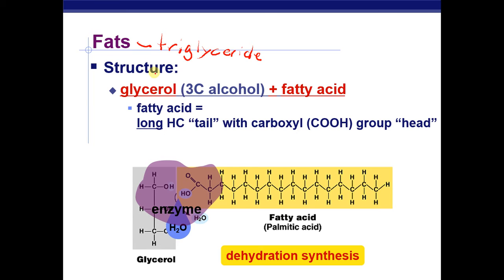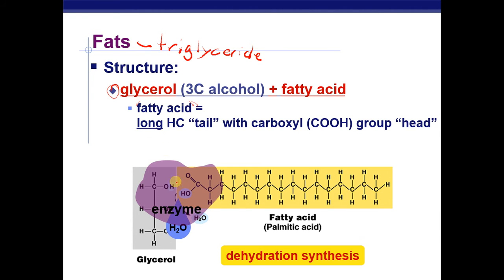All right. The structure of a triglyceride, or of a fat, is it has one glycerol molecule, which is a 3-carbon alcohol. That's what this thing in blue is, a 3-carbon alcohol. And then it has fatty acids, 3 of them attached to it.